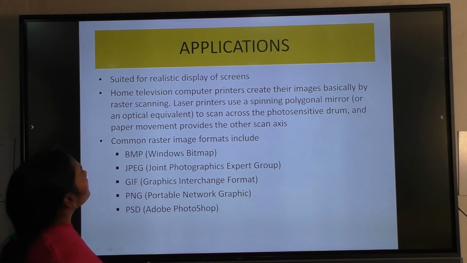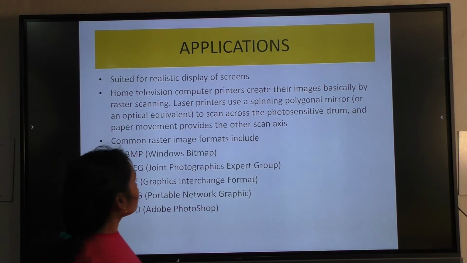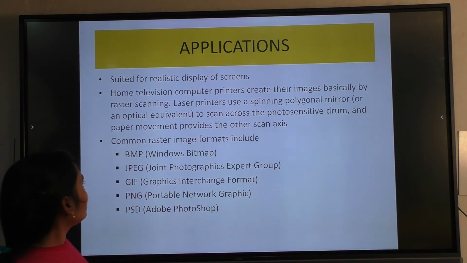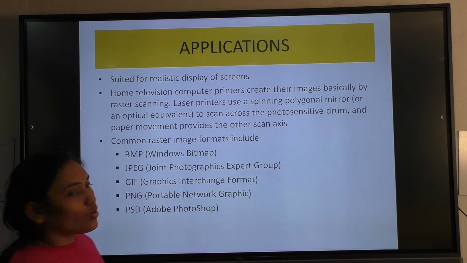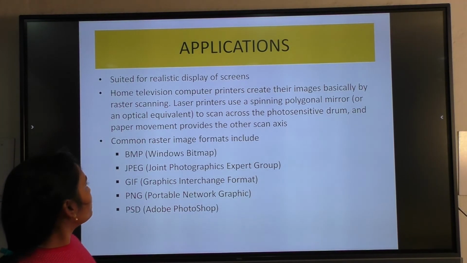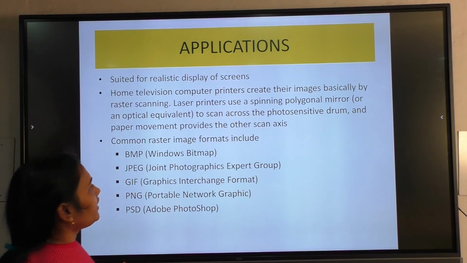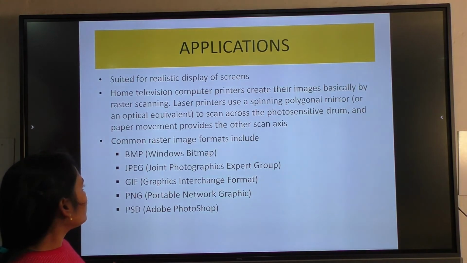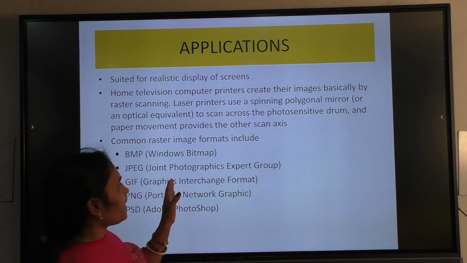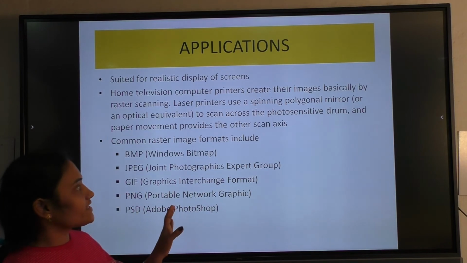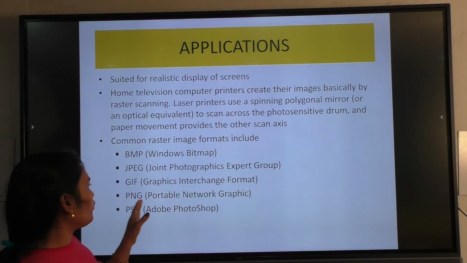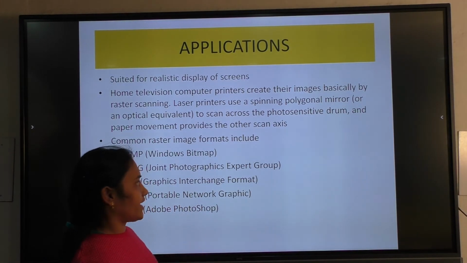Next one is applications, where raster scan display is used. It is suitable for realistic display of screens. Home television and computer printers create their image basically by raster scanning. Laser printers use a spinning polygonal mirror to scan across the photosensitive drum, and paper movement provides the other scan axis.